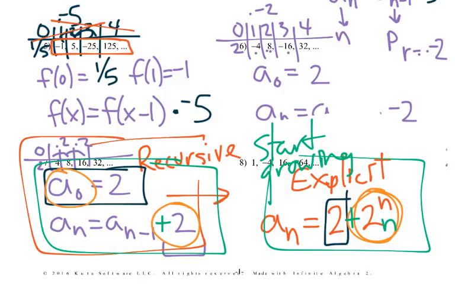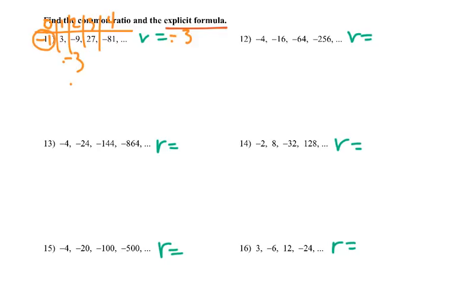Over here, that was a sub 0. For the explicit, that's the first number. So I just go y equals negative 3 times, oh crap, negative 1. I'm totally screwing you guys up now. Negative 1 times negative 3, and then to the n. Okay. Suppose we should keep it a sub n, since we're dealing with these.